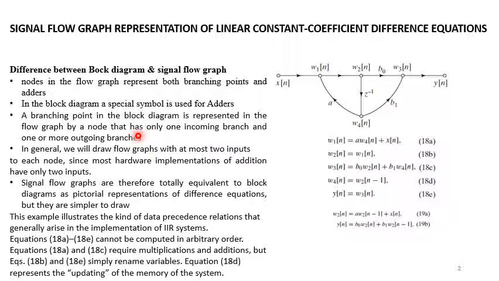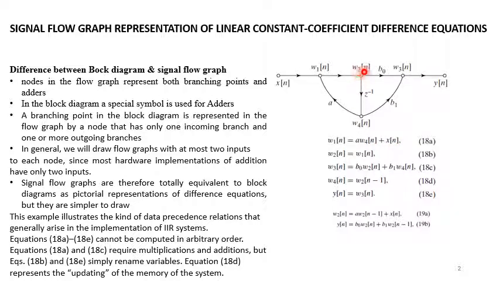So for example, we have this signal flow graph and we want to express it in terms of equations. By looking at this node, that is W1[n], we see it has an incoming x[n] and another incoming signal here, which is A times W4[n]. So W1[n] equals A W4[n] plus x[n].